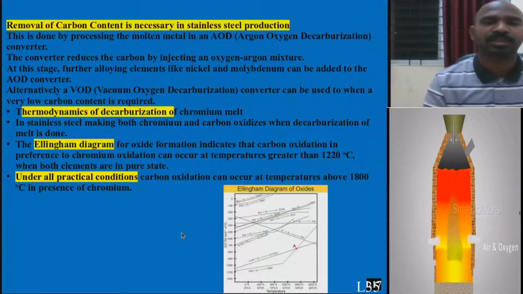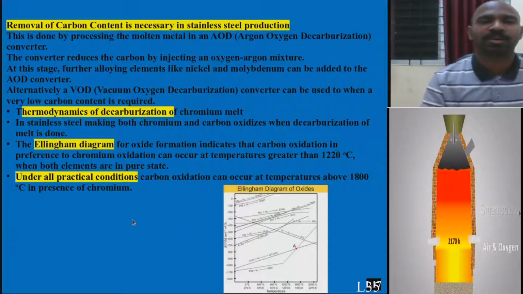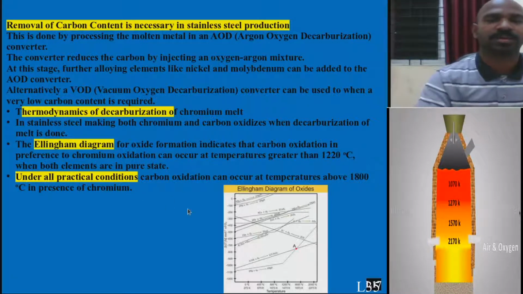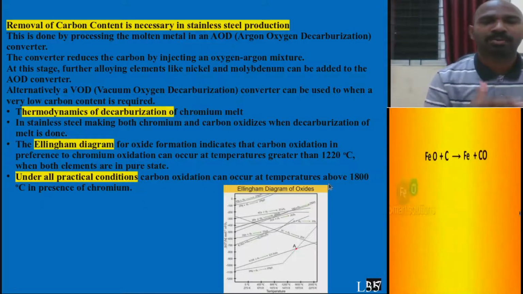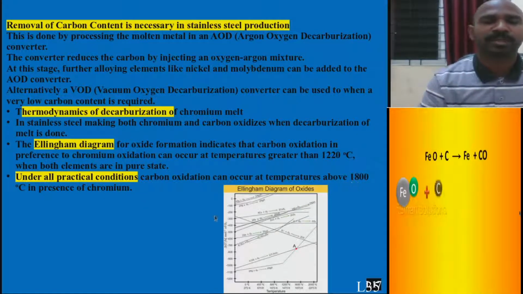But under normal conditions, when chromium is present and carbon is getting oxidized, chromium could be with other impurities or in oxide form. It requires a very high temperature, above 1800 degrees Celsius.